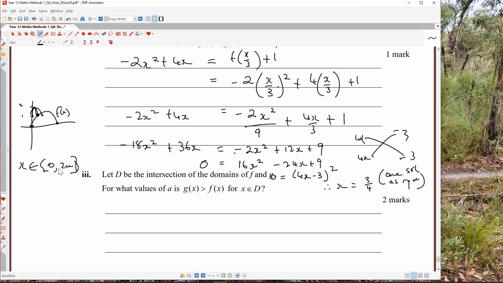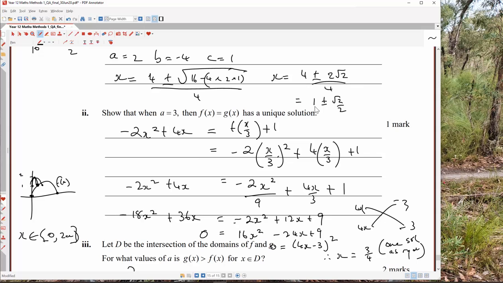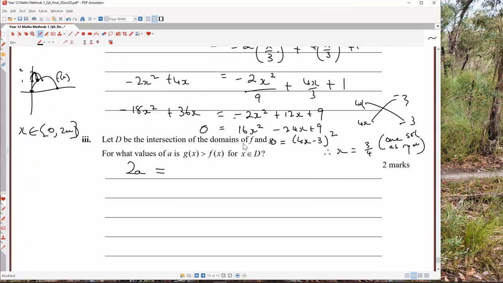What we want is that value there, 2a, to equal this particular value here, 1 take root 2 on 2. So that's basically saying what value of a will dilate this until it hits this point here. So what we'll do is we'll just solve that.